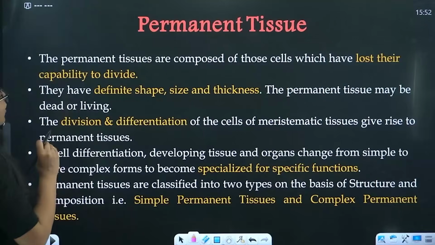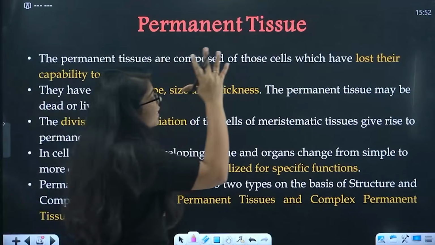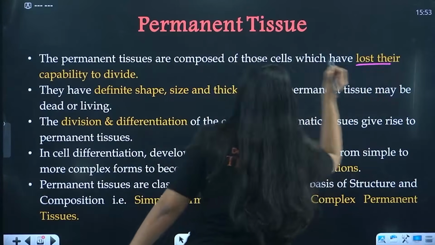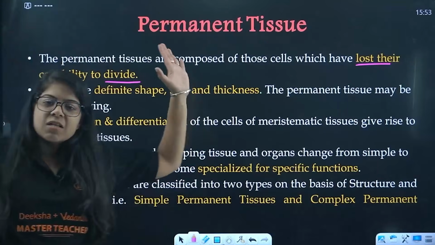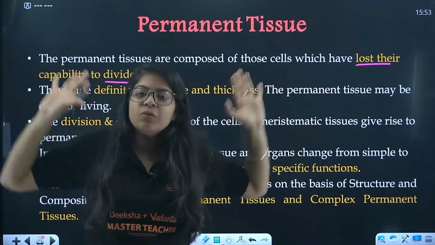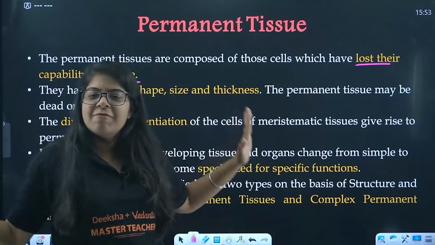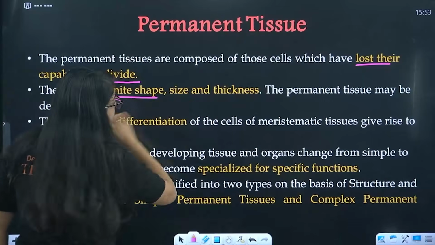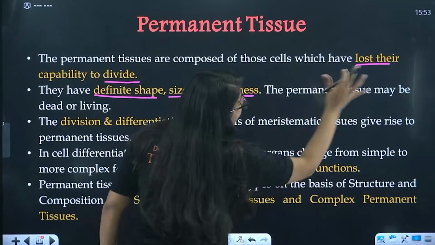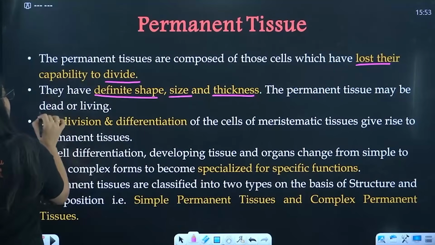Permanent tissues are composed of those cells which have lost their ability to divide. They are like, brother, we are settled. We don't want to divide now. I just want to live my life peacefully. They have definite shape, size and thickness. The permanent tissue may be dead or living.